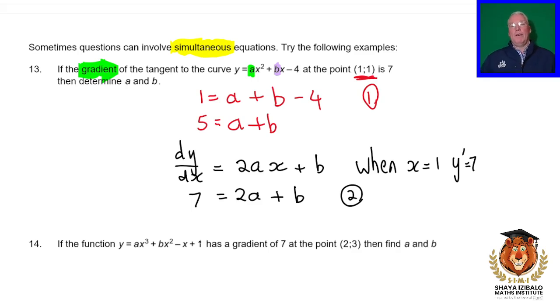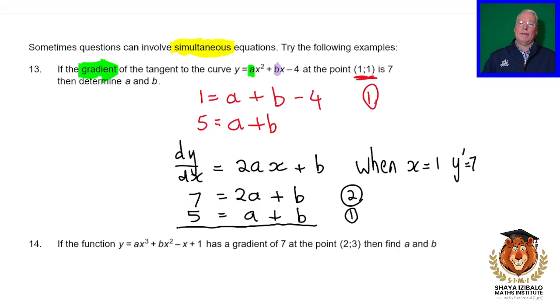And remember, there's various ways of solving simultaneous equations, but quite a cool way, if they both have the same number of a variable, is to do a process of elimination. So what I'm going to do is write equation 1 down underneath here. So we've got 5 equals a plus b. What we can do now is subtract these two equations.